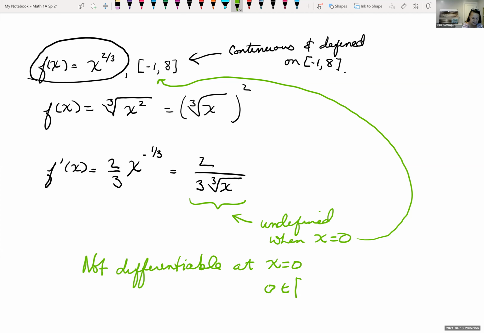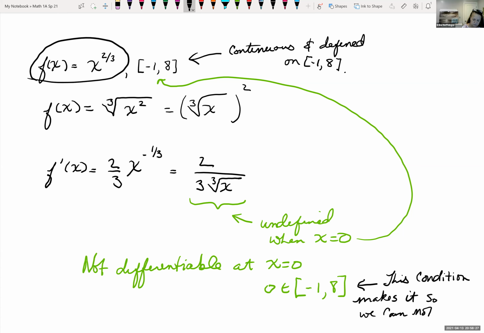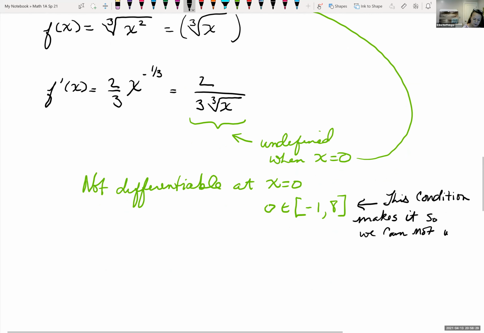And 0 is contained in that closed interval that we are looking at. And so because of this, this condition doesn't hold, which makes it so we can't use the mean value theorem. So we cannot use the mean value theorem.